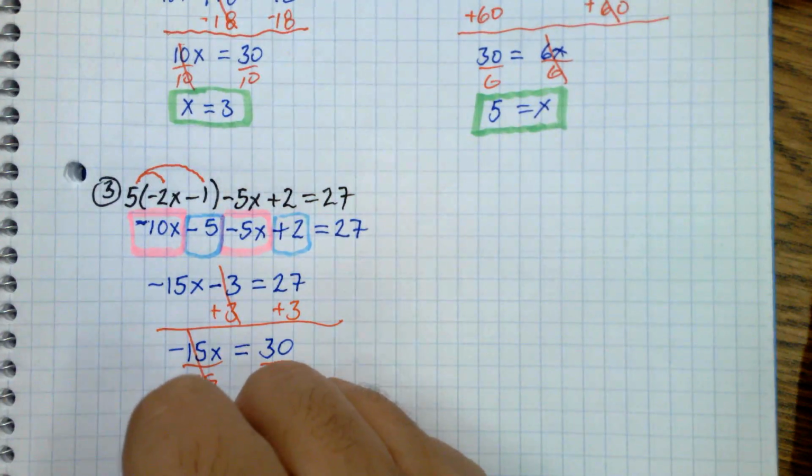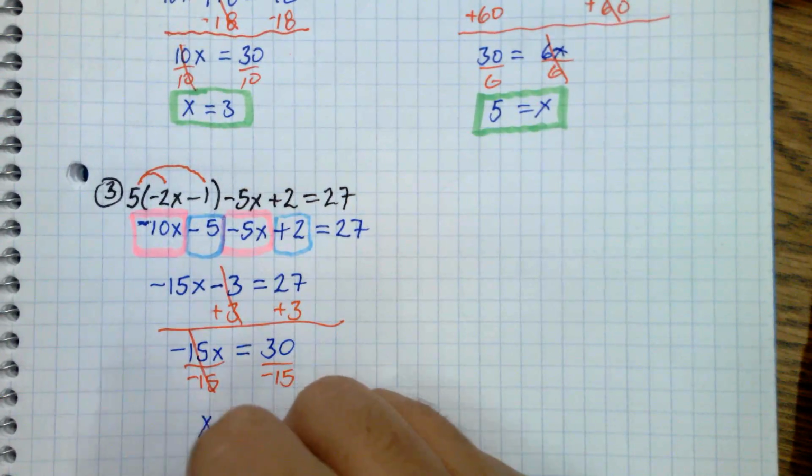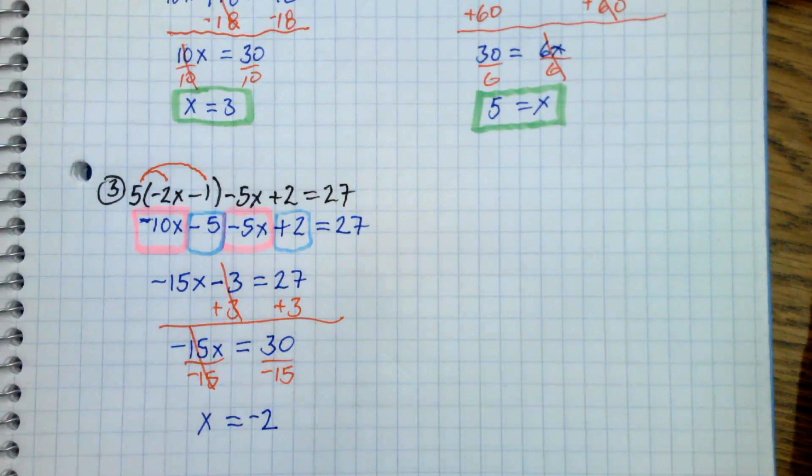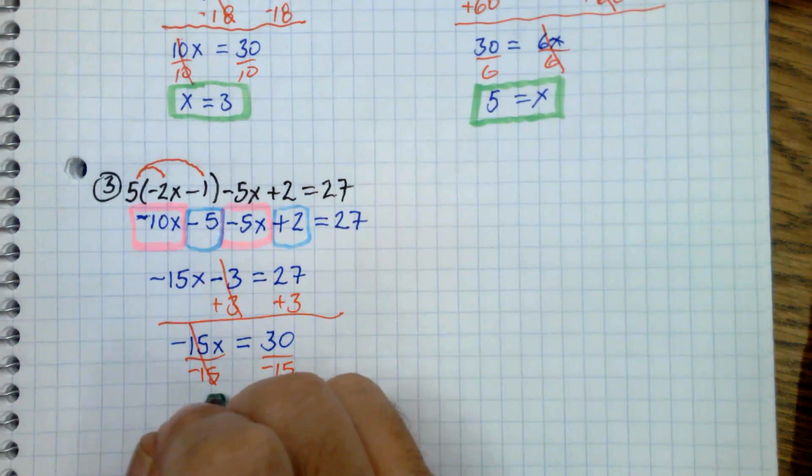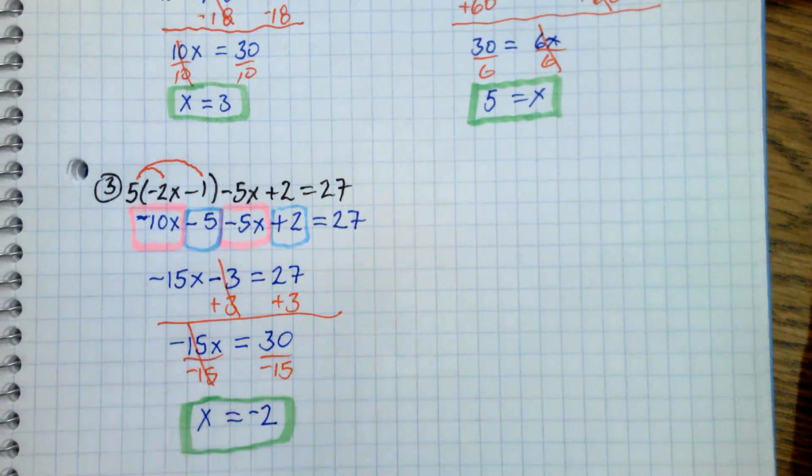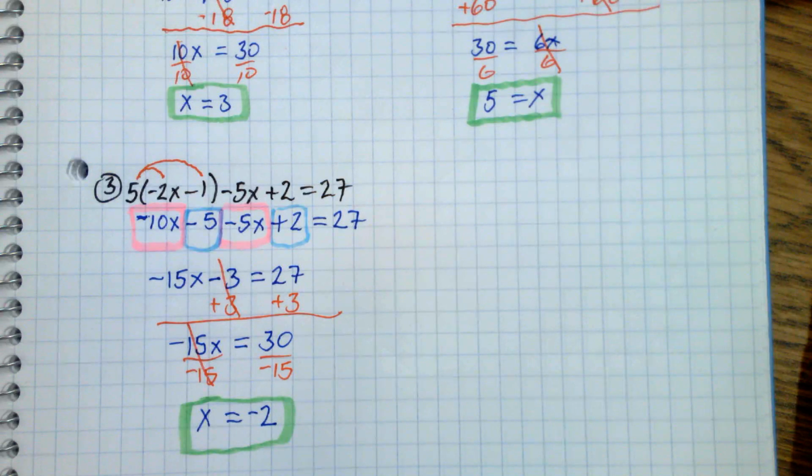Negative 2. So we got negative 2 as our answer. Okay. So that was a lot of steps, guys. Any questions?